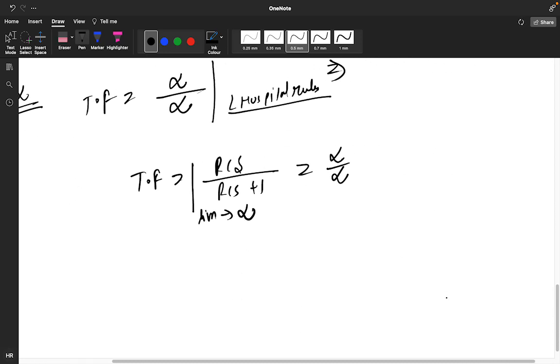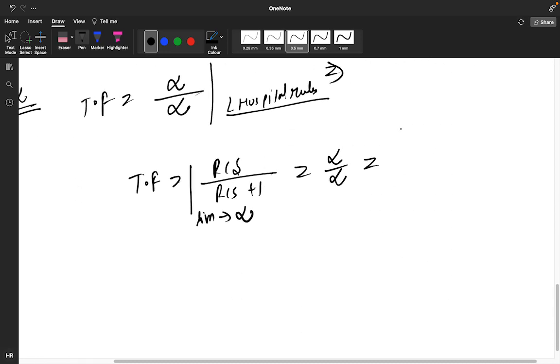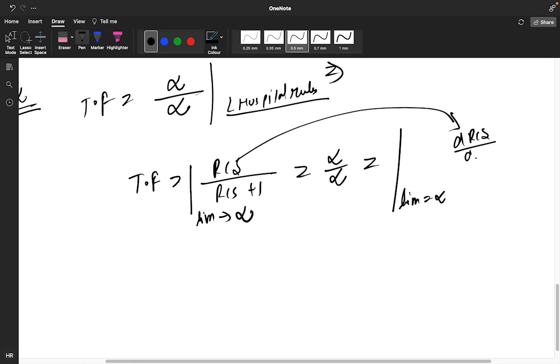So when this condition happens, you have to take the limit as s goes to infinity. Differentiate the numerator with respect to s: d/ds of RCs, divided by the differentiation of the denominator, d/ds of (RCs + 1).